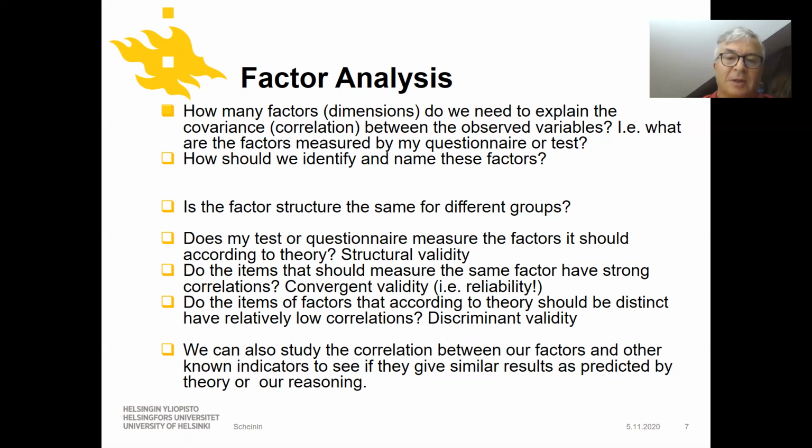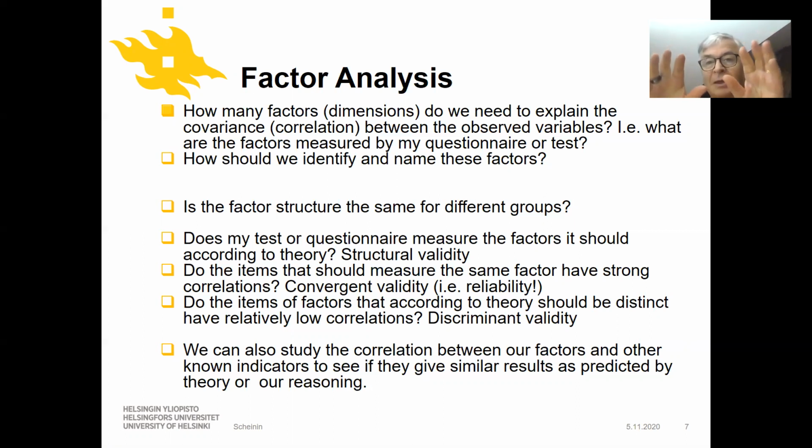We often have some kind of understanding, either from theory, reading previous research and thinking about the topic, of what our questionnaire is measuring. We have some kind of understanding of what it should be all about, probably from the person, if it's you or somebody else, who has constructed the questionnaire. We know that we have put in items to measure certain things there.